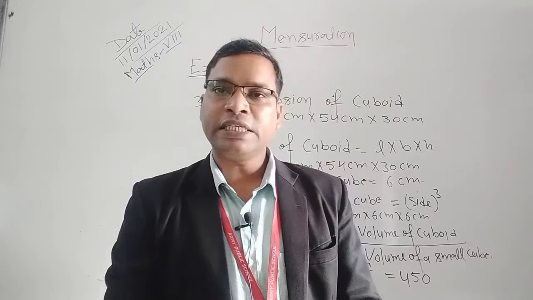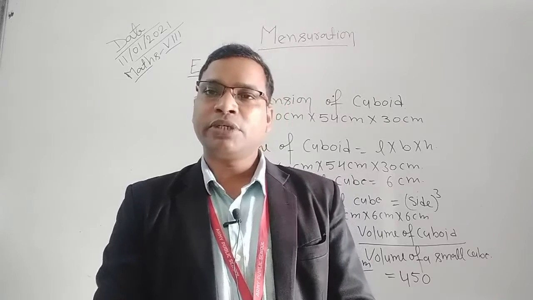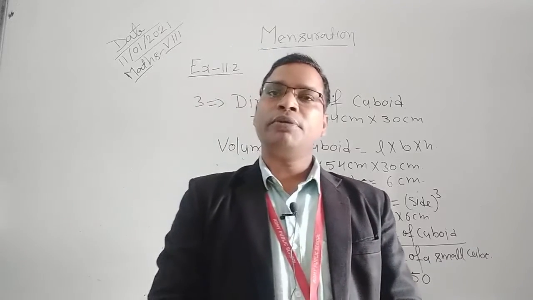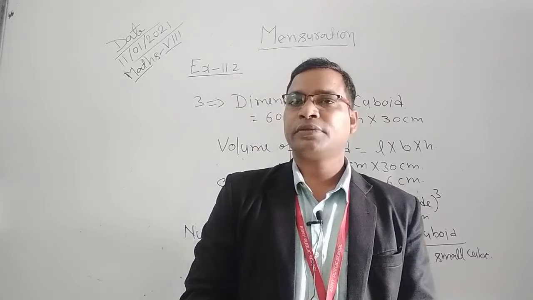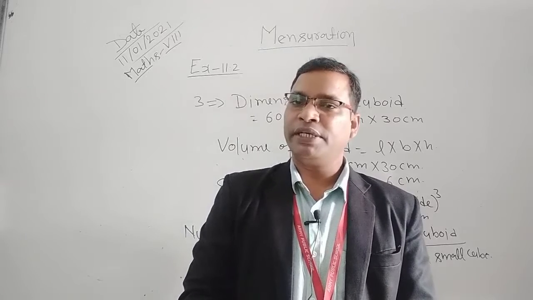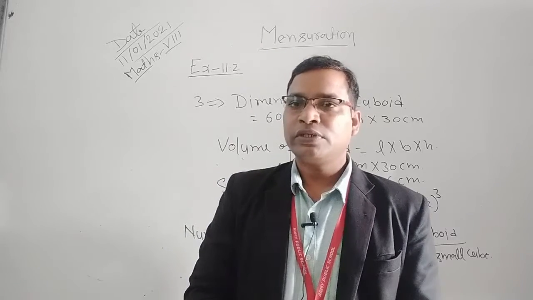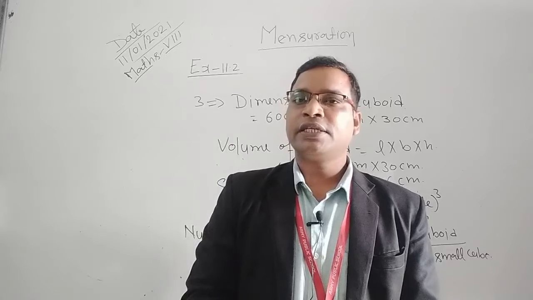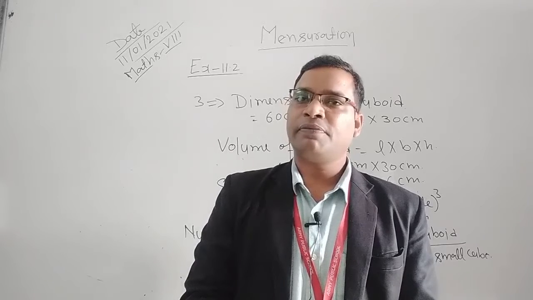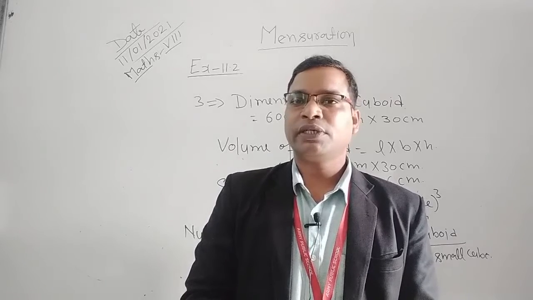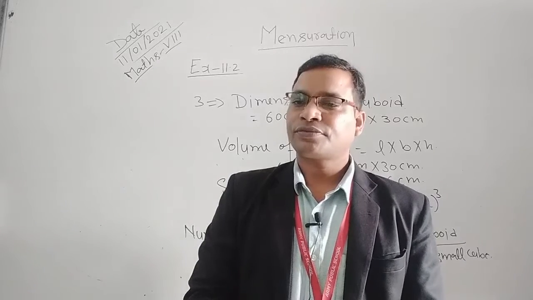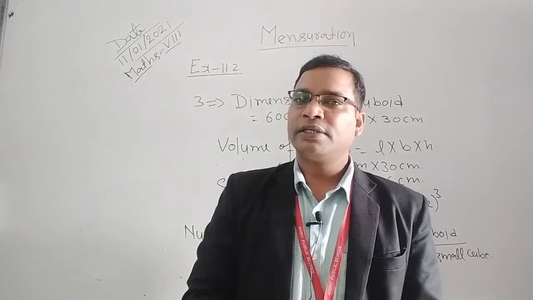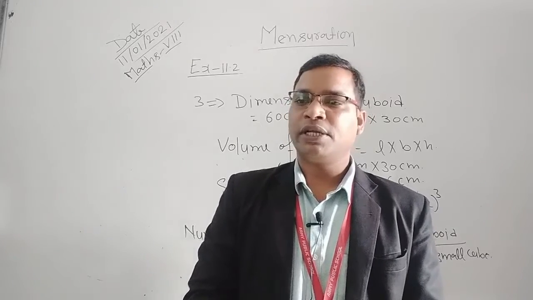If you change it into meter, then 70 centimeter is equal to 0.70 meters. So the radius of the base of the cylinder is 0.70 meter.